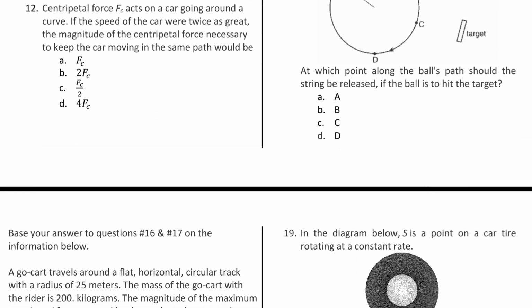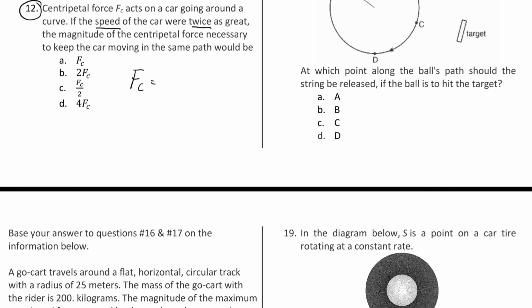Number 12. Centripetal force Fc acts on a car going around a curve. If the speed of the car were twice as great, the magnitude of the centripetal force necessary to keep the car moving in the same path would be... All right, so the speed is double. So we want an equation that relates the two.